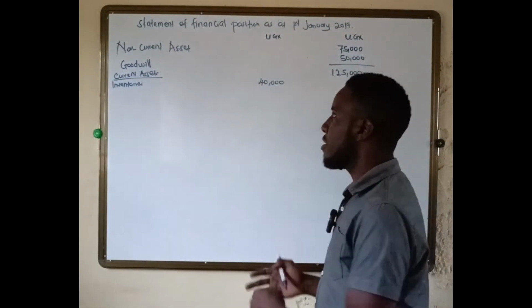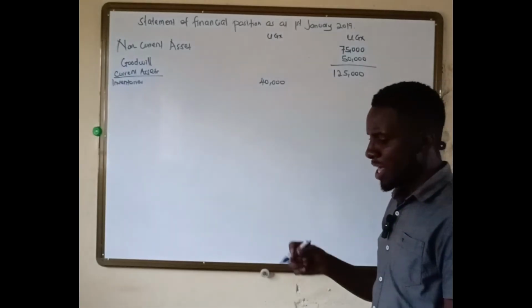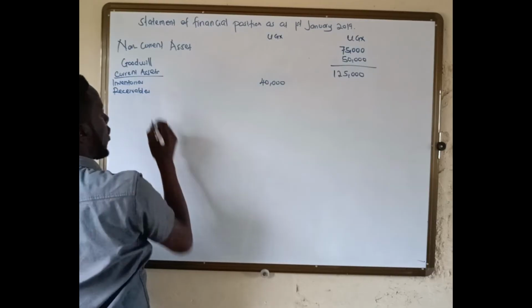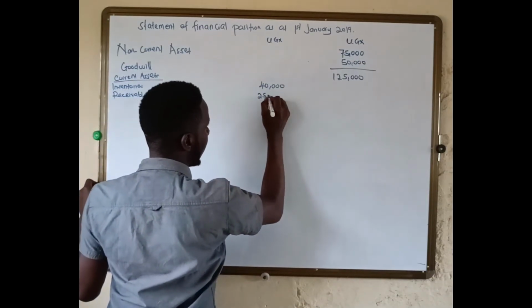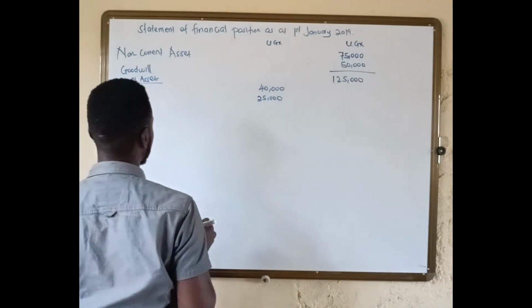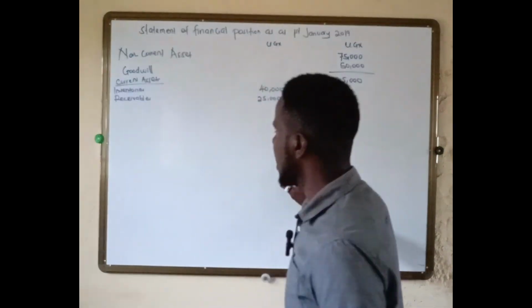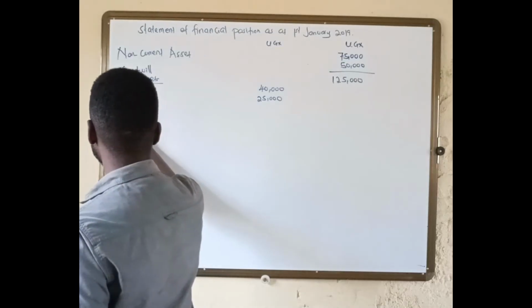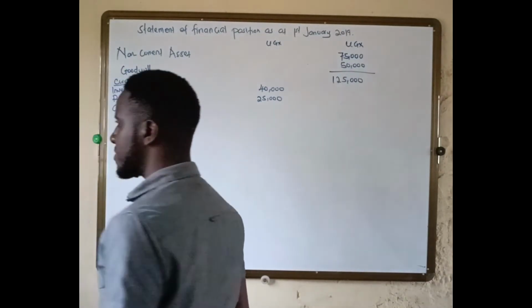Yes, this one we had it in our statement of financial position. Then we had receivables, and our receivables were worth 25,000. Then we had cash, but our cash was worth 15,000.